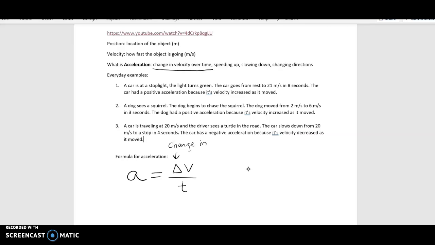So we could also say that the acceleration of the object is equal to the final velocity minus the initial velocity over time. And that gets you the real formula that you'd want to use, okay? So A equals VF minus VI over T.